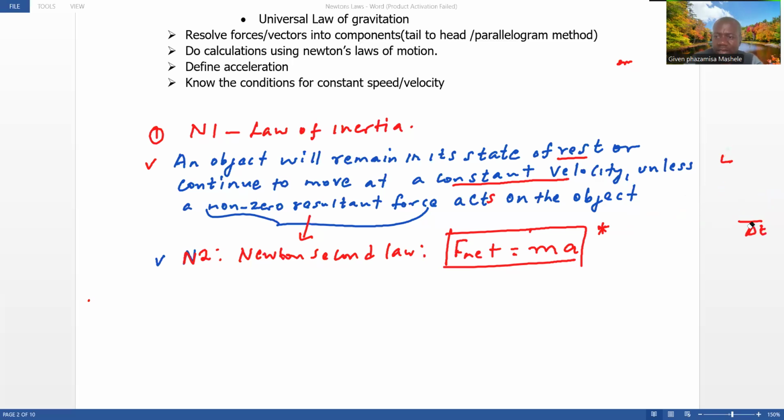Right. What does Newton's second law of motion say?